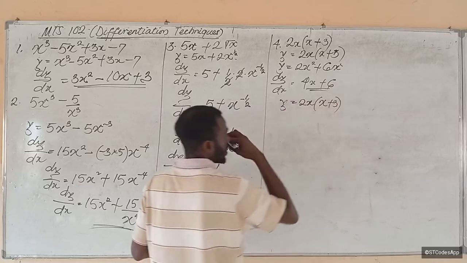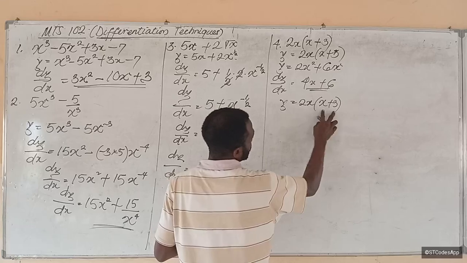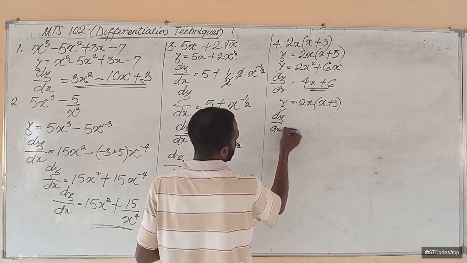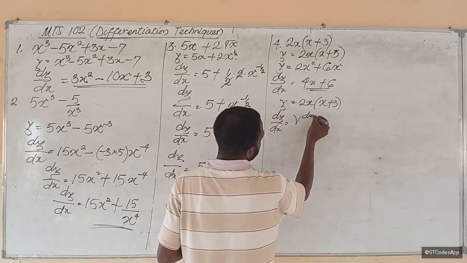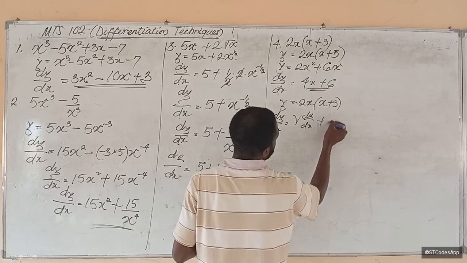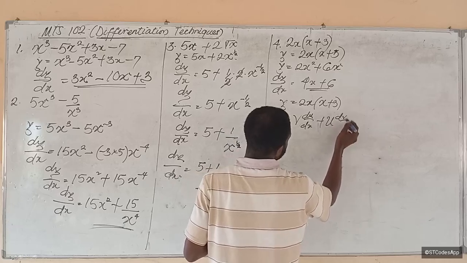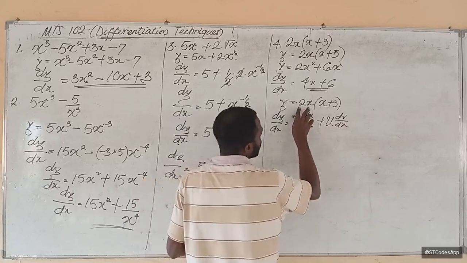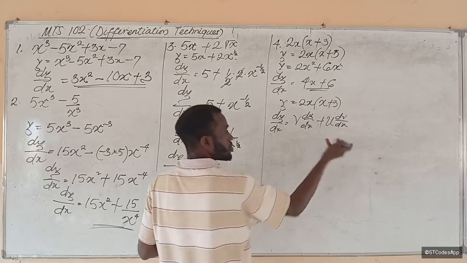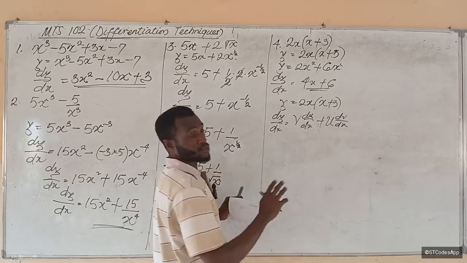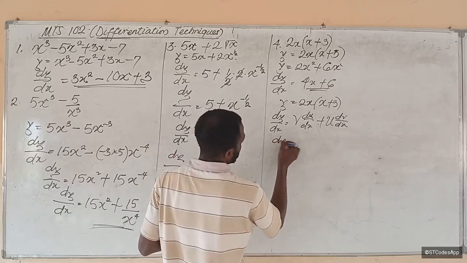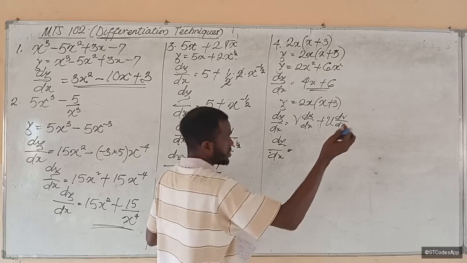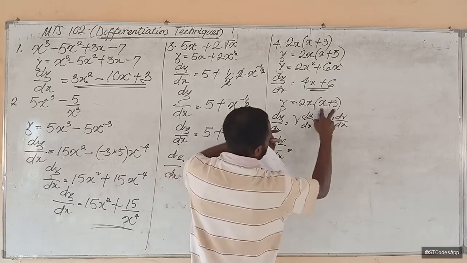Or if I wanted to use the product rule, since my y is 2x into bracket x plus 3, this will be multiplying this. Remember that product rule says that dy dx is equal to v du dx plus u dv dx. So this will be our u, this will be our v, it's commutative, so either way you write it. So dy dx will be equal to v, let me make this my v. I will hold this and differentiate this.